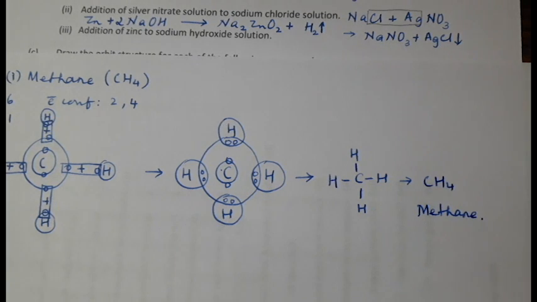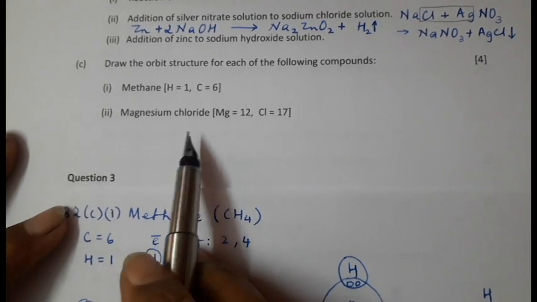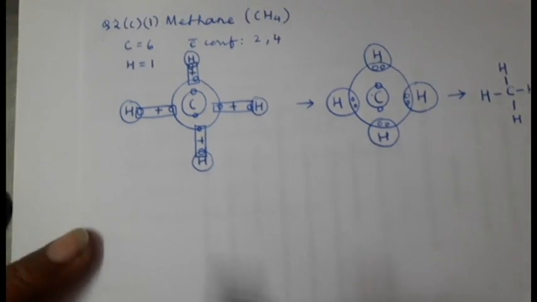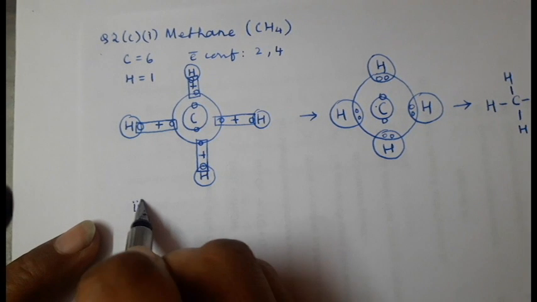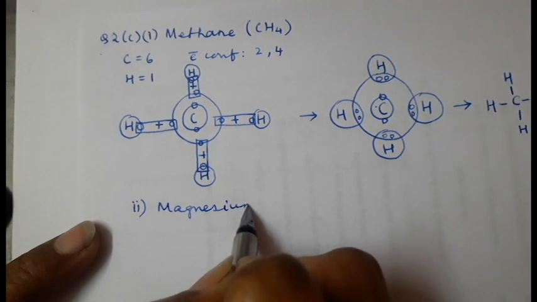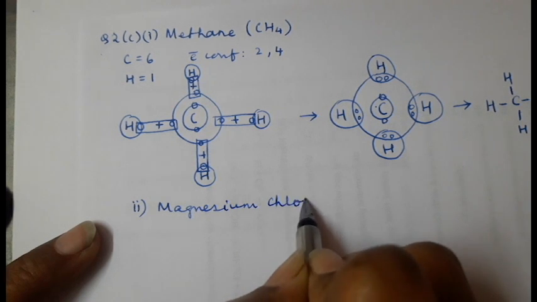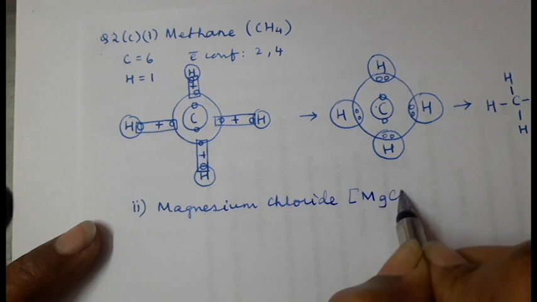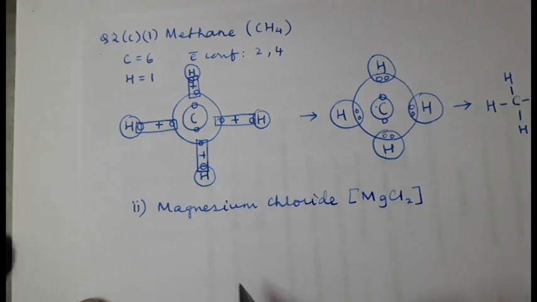The second structure is magnesium chloride. So your magnesium chloride, again we will talk about magnesium chloride, the formula for which is MgCl2.